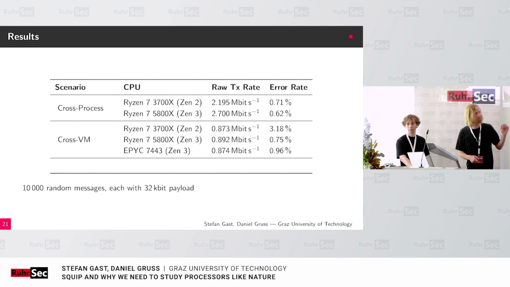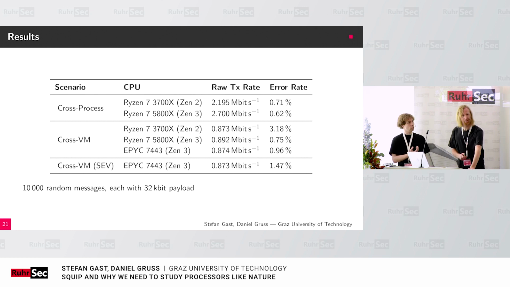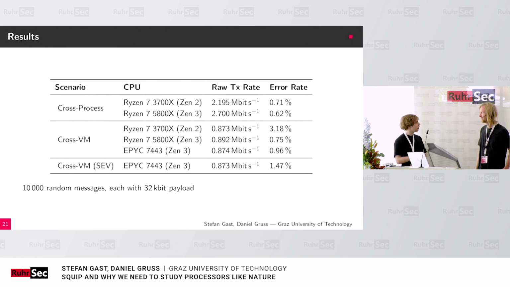But we still managed to make it work, and it's also quite decent with more than 800 kilobits per second. This also works on SEV, which is particularly interesting because SEV is the secure virtual machine technology on AMD, and also there it's no problem to communicate across secure virtual machine boundaries.